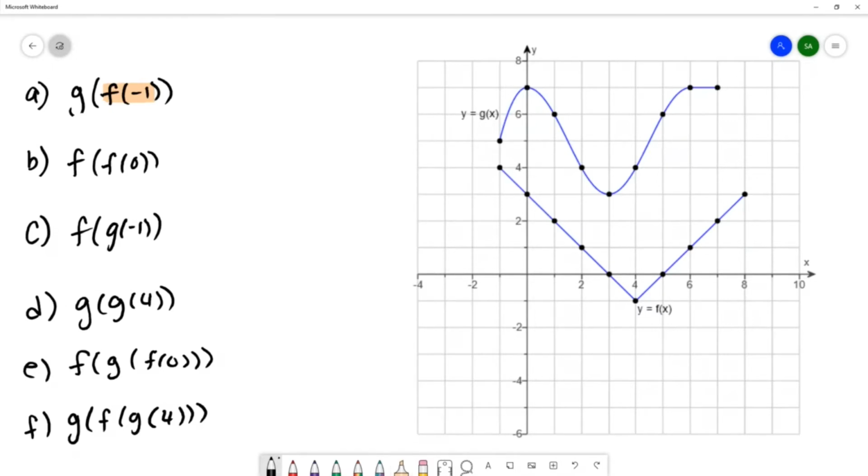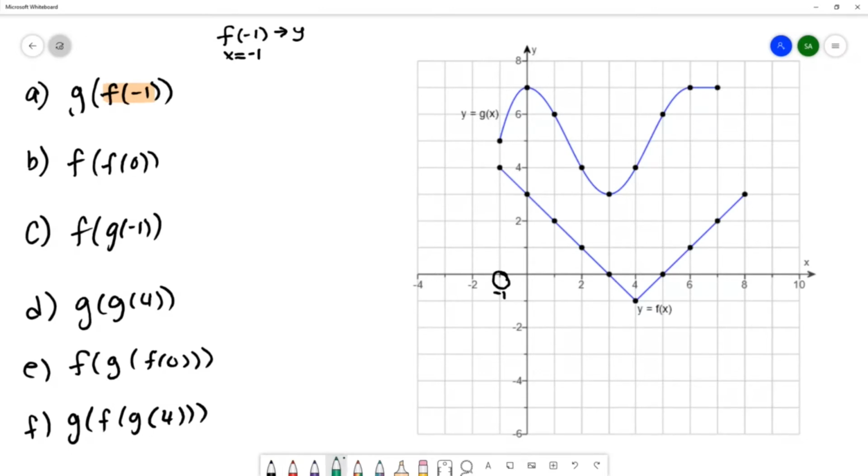So what we have to keep in mind is that these symbols, f of negative 1, is telling us the x value to be negative 1. And f of negative 1 represents the y. So we want to use the graph to answer this question so we can figure out the y value. So we want to find where x is equal to negative 1, which is here.